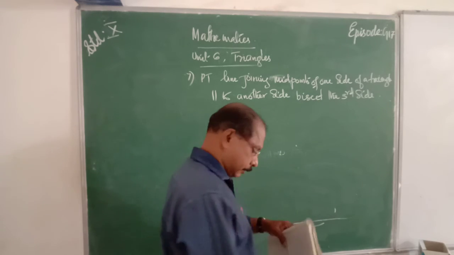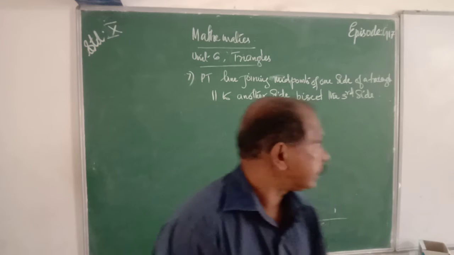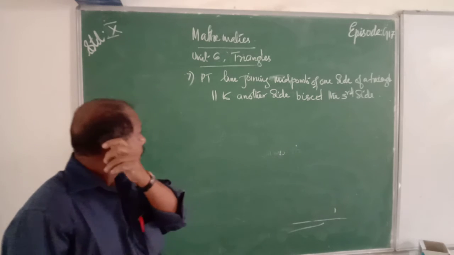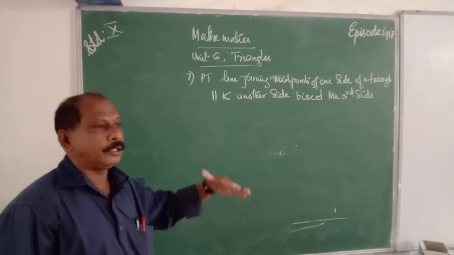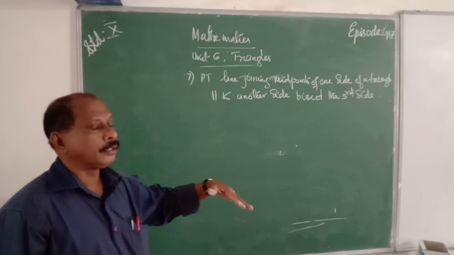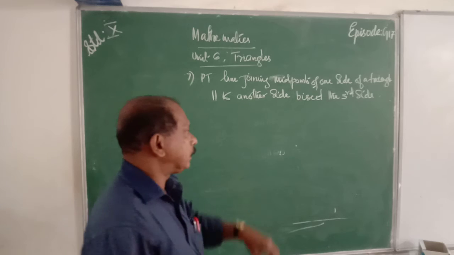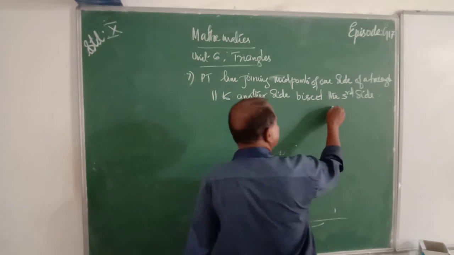That is question number 7. The line through the midpoint of one side, parallel to the second side, then it bisects the third side. That is this one.